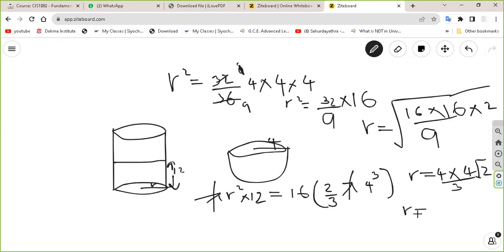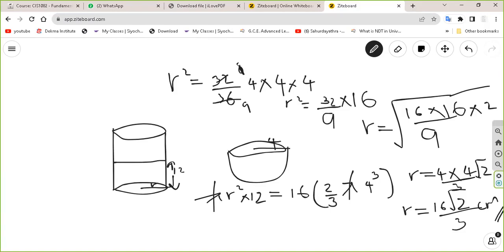Finally R equals 16 root 2 over 3. This is the answer. You have to arrange the equation to the asked form. This is the answer.